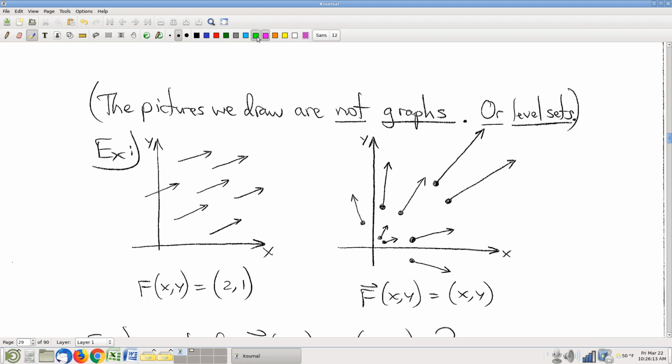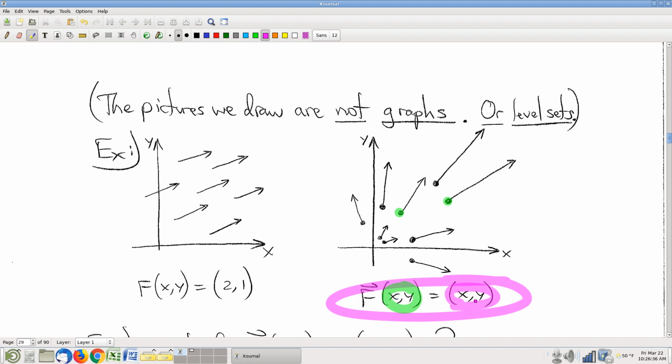Another example here. Let's look at this formula. F of x, y is x, y. What that says is at any given associated point, I'm just going to draw a couple of them here. Any particular point, the associated field vector, here's the formula. It's x, y. What does that mean?